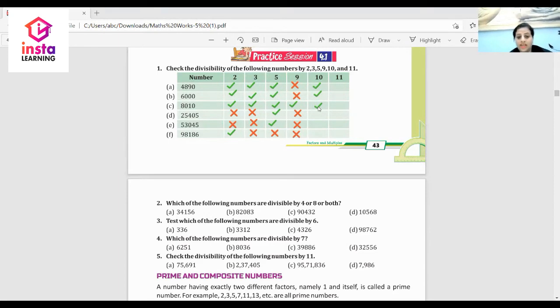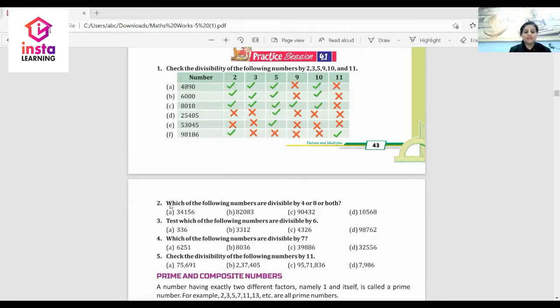But when it is 5, it is not divisible. In the case of 11, only 1 is divisible. We can check by dividing it, by taking out its factors also. Then also we are going to confirm it with the divisibility test. So we have done this point and then we are going to proceed further for point number 2.